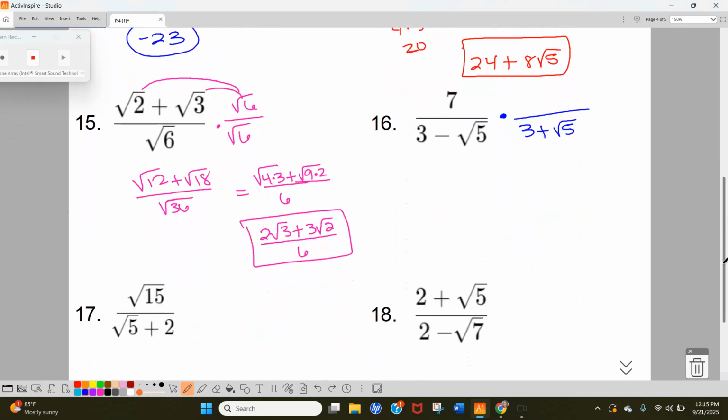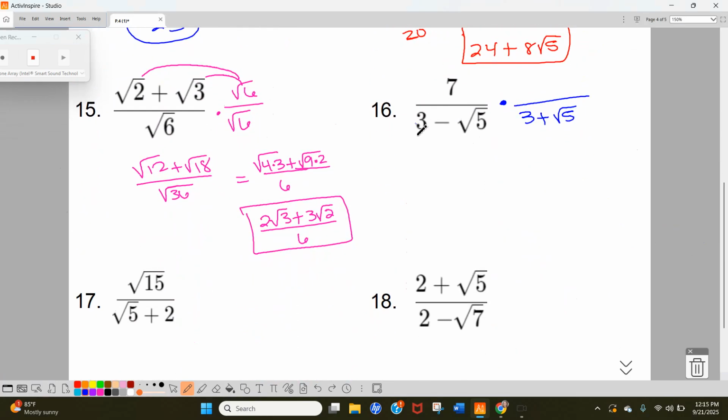So that's how you rationalize a denominator with more than one term. Multiply by the conjugate. We'll do that to the top and the bottom. So then 7 multiplies on top by 3 and by root 5. And then on bottom, you can just do front times front, back times back, and we know that's root 25 or just 5. So then we would get 21 plus 7 root 5 over 4, and you are done.